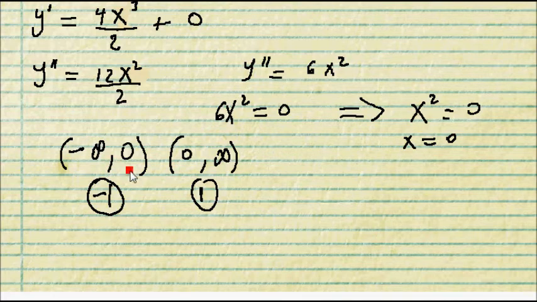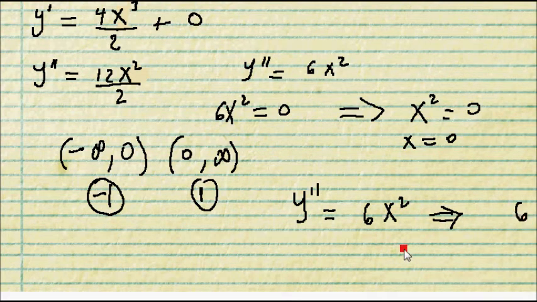So now I'm going to plug the point -1 into y double prime equals 6x squared and see what I get. If I plug in -1 in here, this expression becomes 6. So this is concave up, because it is positive. Now if I take the point x equals 1 and plug it into y double prime, I also get 6 times 1 squared is equal to 6.